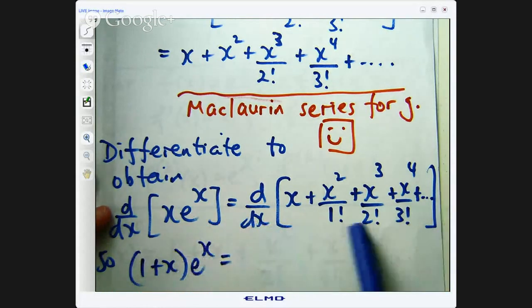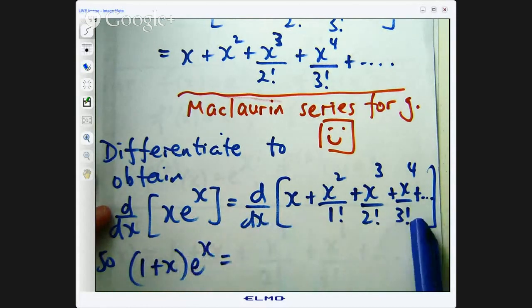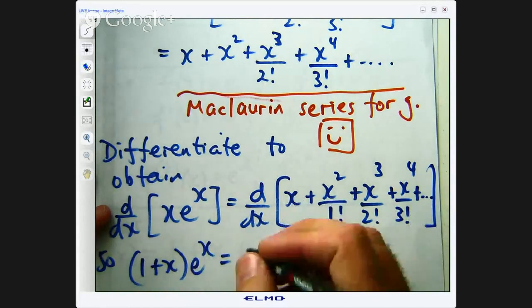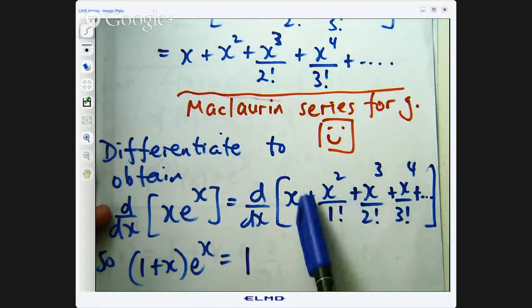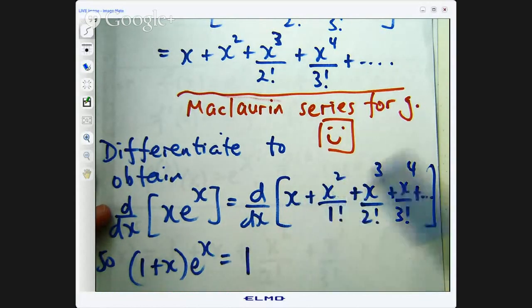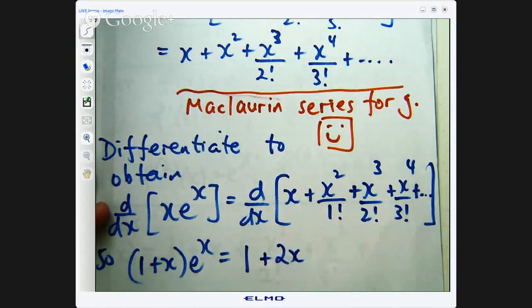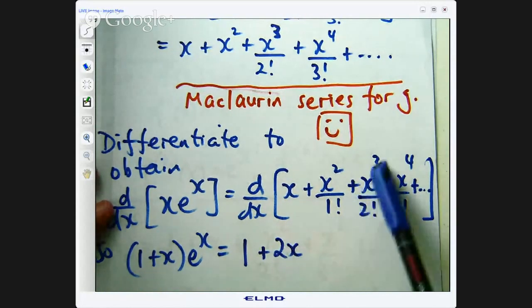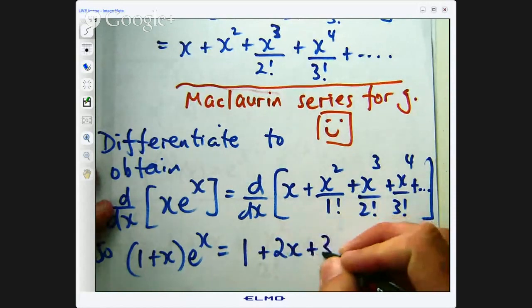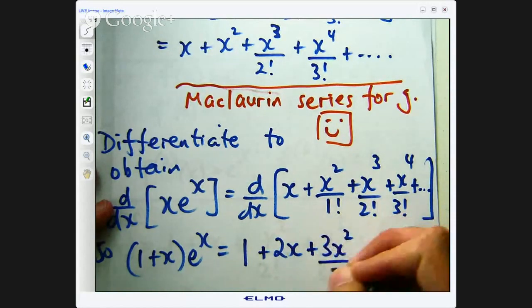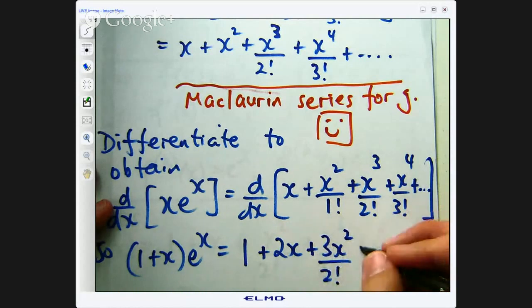And on the right-hand side, I can differentiate term by term. So the derivative of x is just 1. The derivative of x squared over 2 factorial is just x. The derivative of this, the 3 will come to the front, of course. Decrease the power by 1, and you just continue on. You can see the pattern now, hopefully.